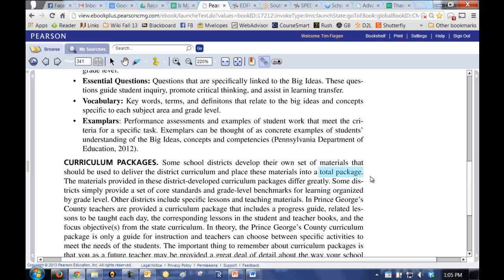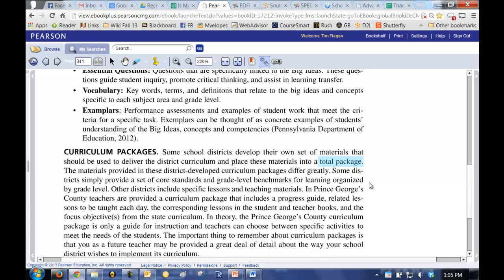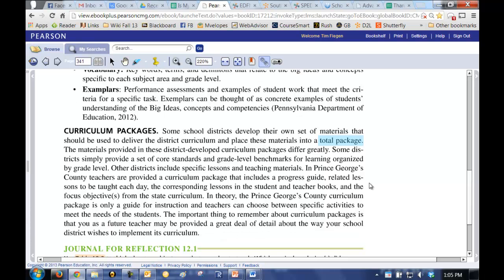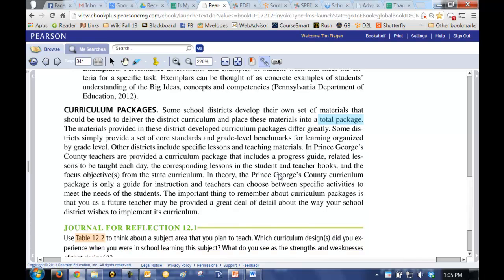There might be 1,500 7th graders in the district, and so you need that many more books just for that. So the district may opt to put together their own total package in curriculum and add all the stuff with it.